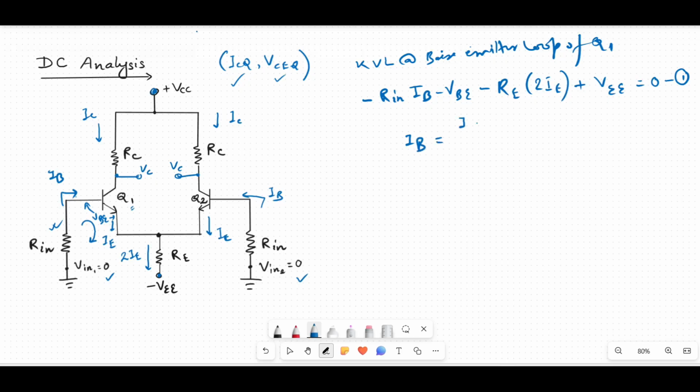Okay. So now as we know, IB is IC by beta DC, and we also know the value of IE equals IC. So here we have IE in place of IC divided by beta DC.